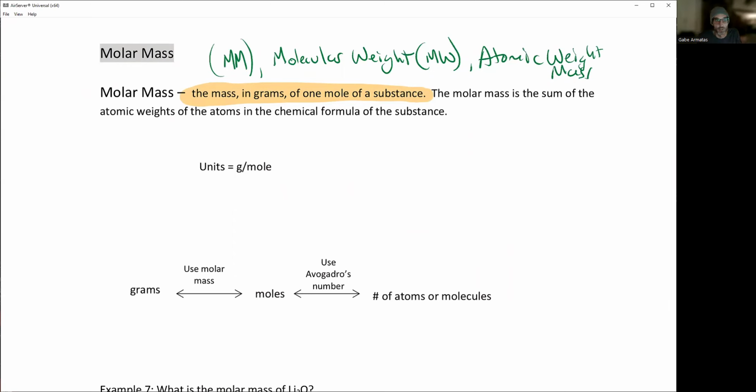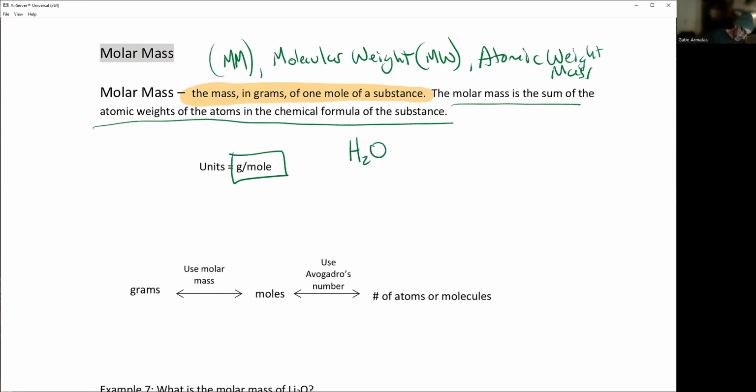Essentially, how much does it weigh? Look at the periodic table, right? And again, the molar mass is the sum of the atomic weights of the atoms in the formula, okay? We're going to take a look at a couple of those. Again, grams per mole. So if I have water, oxygen is about 16 grams per mole. Hydrogen, there are 2 of them.